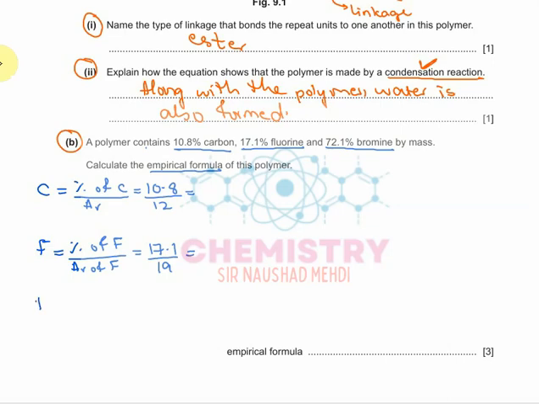And similarly, for bromine, the percentage of bromine, which is given as 72.1, divided by the AR of bromine, which is 80.